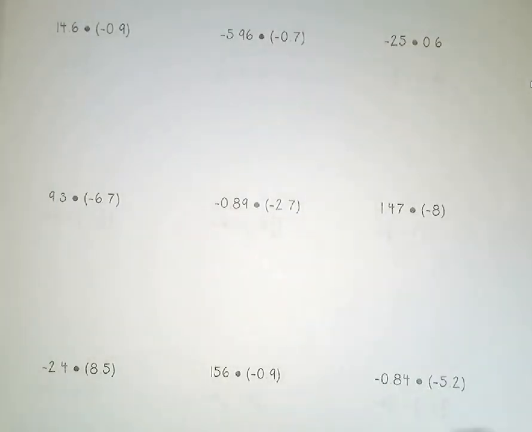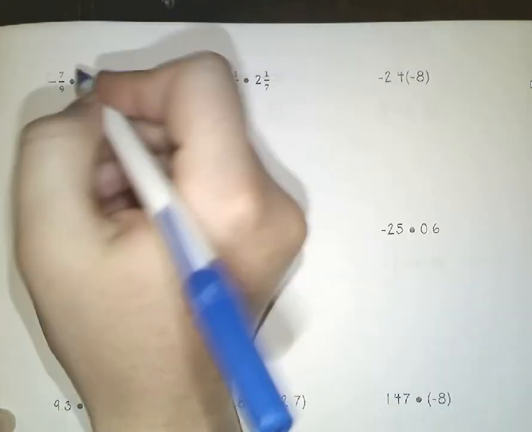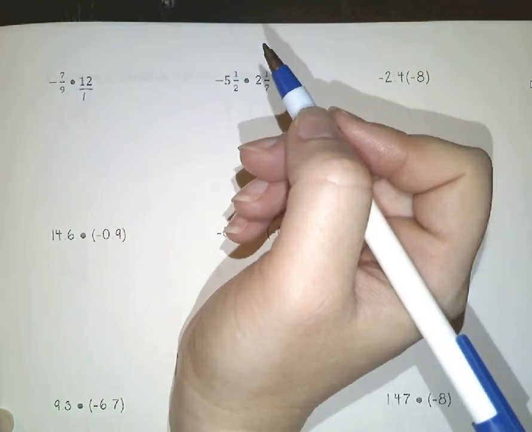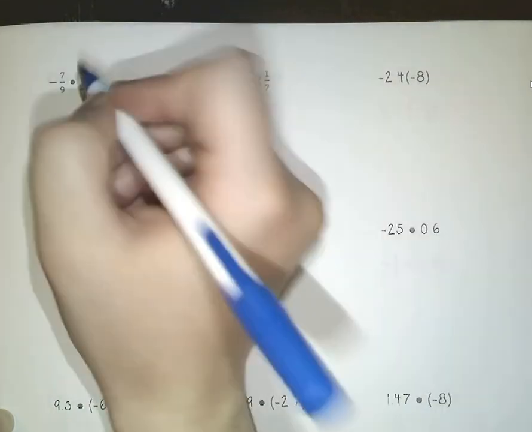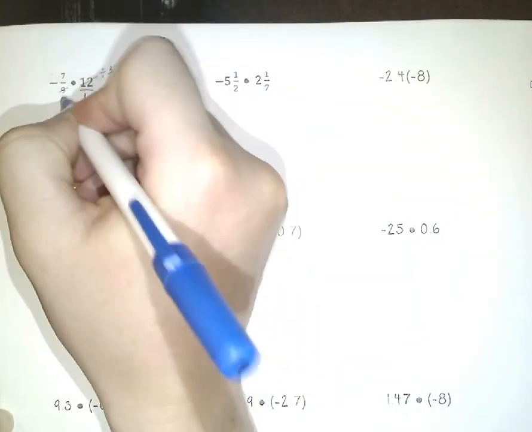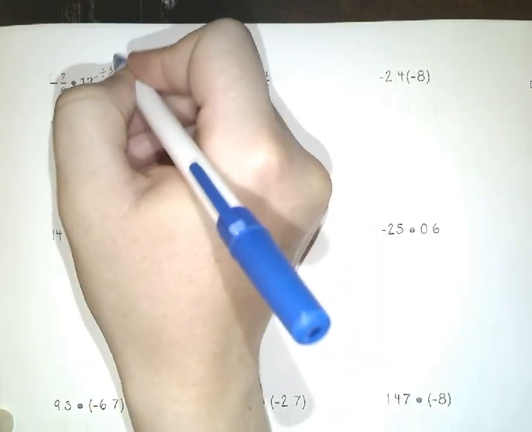Next one. This is also a multiplication problem. And again, it's a multiplication of a fraction and a whole number. So we will change a whole number into an improper fraction. We can simplify as well 12 and 9 by dividing both numbers by 3. So 9 will turn into 3, 12 will turn into 4.